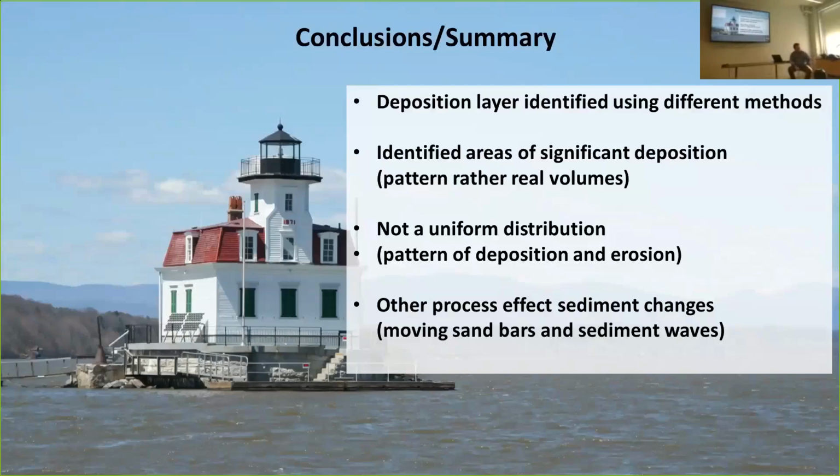We had to pare it down to where we could study, so we decided to go with areas that we knew to be depositional, where sediment would be likely to go. We weren't surprised at all that we saw material in the Haverstraw channel, because it's a channel and it'll fill in quickly, basically.